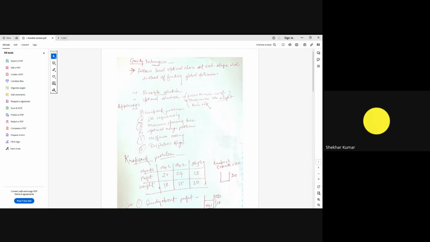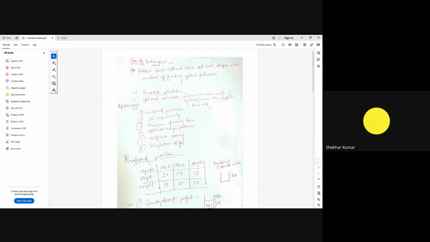As the name suggests, a greedy technique will always select the optimal solution. So a greedy algorithm always looks for the best option: the solution that looks best at the moment is selected every time. This is for solving optimization problems.